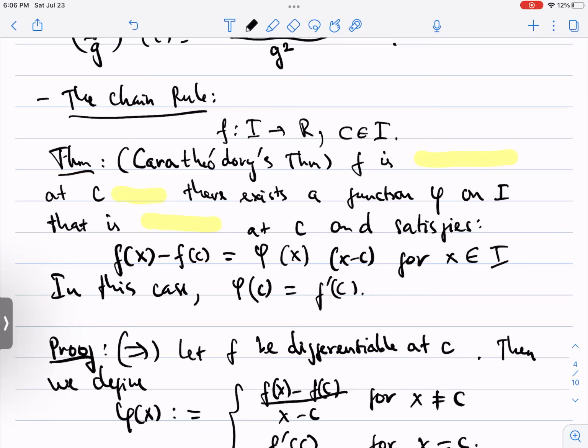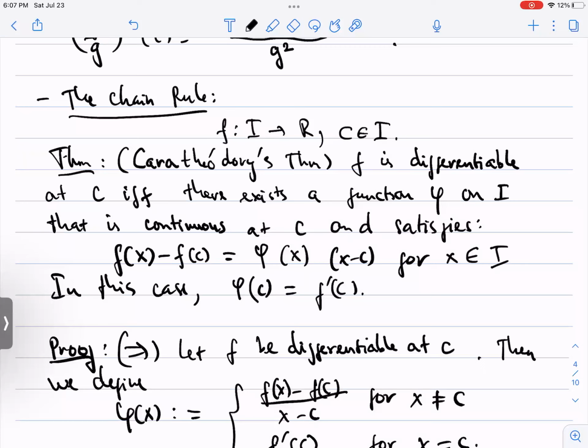So the proof of the chain rule is basically based on a classical theorem called the Carathéodory theorem. It says that f is differentiable at c if and only if there exists a function phi on I that is continuous at c and satisfies the property that f of x minus f of c equals phi of x times x minus c for all x inside the interval.